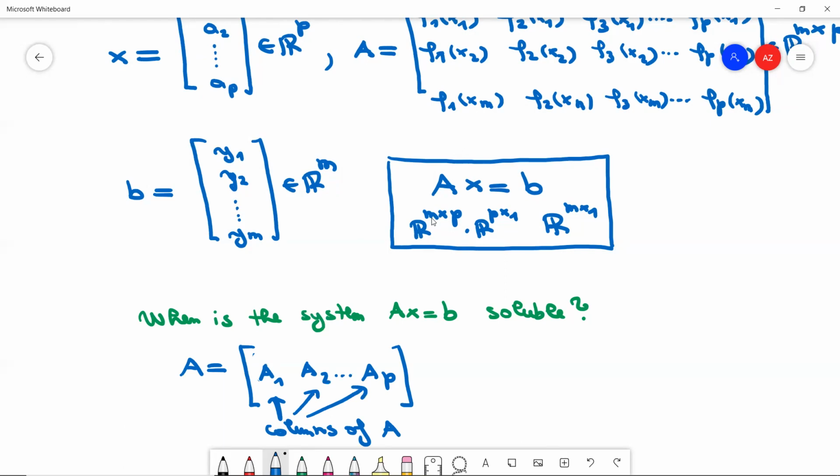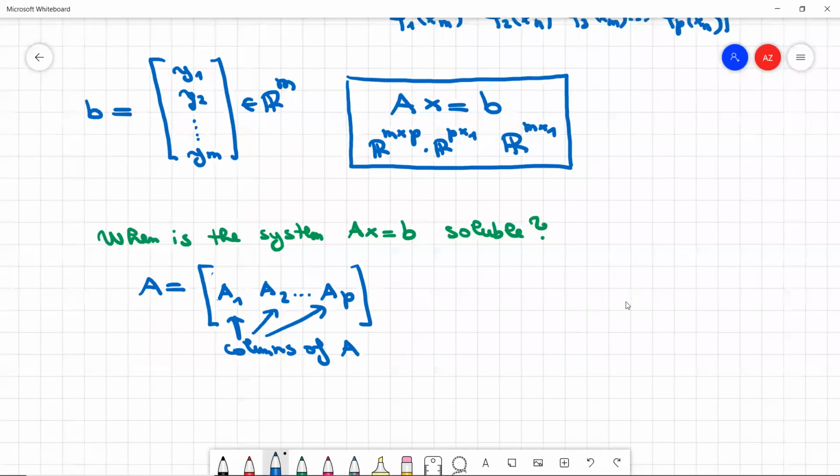Yeah, that's true. So when does AX = B have a solution?